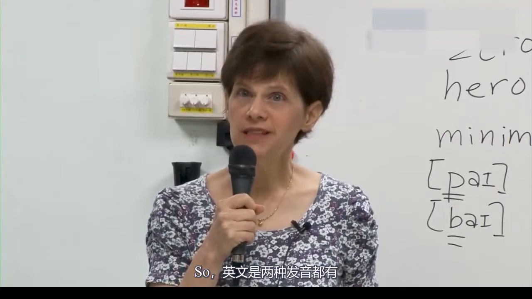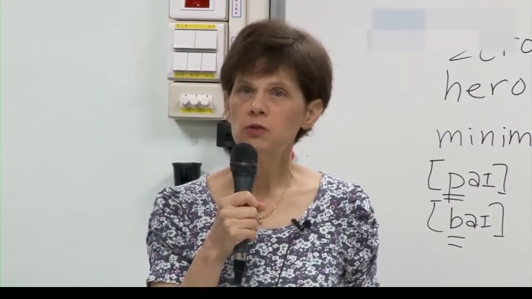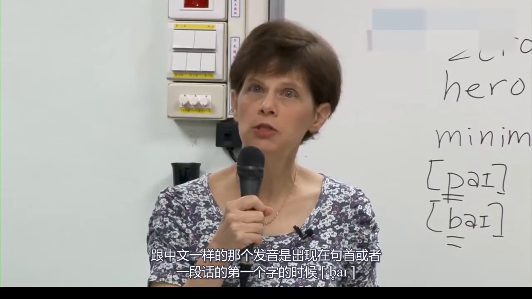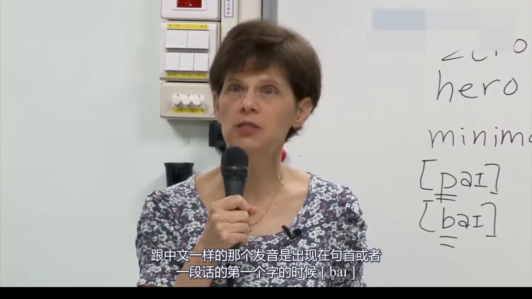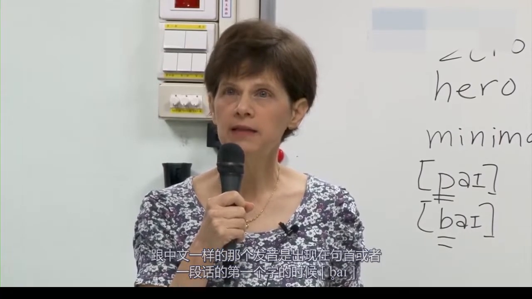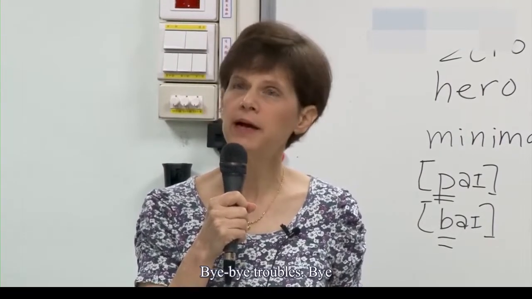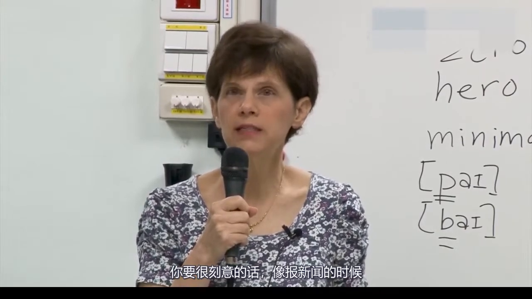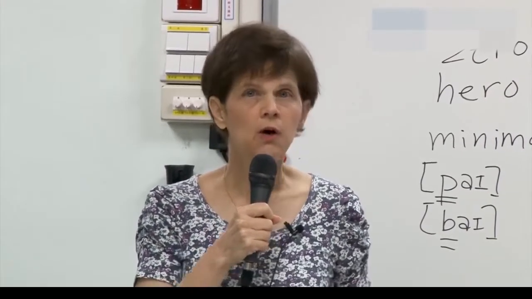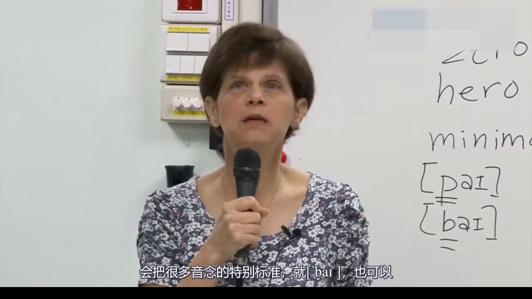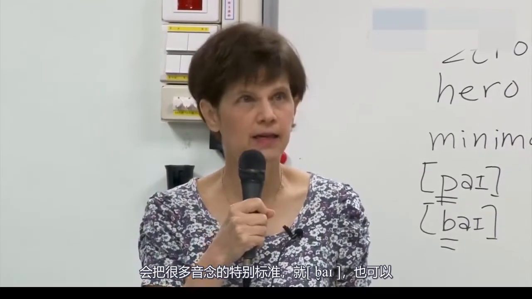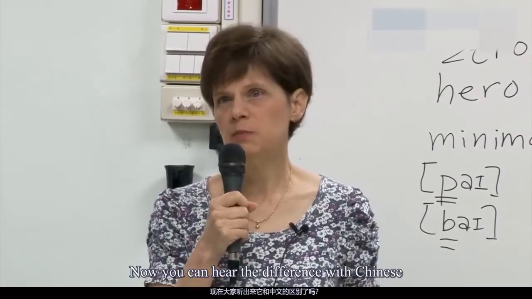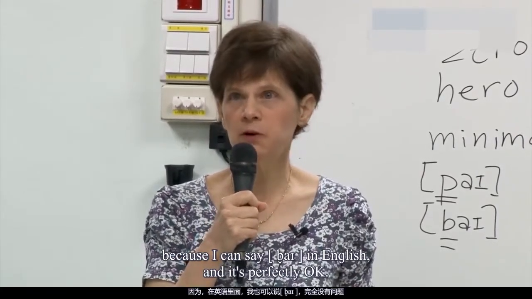所以英文是两种发音都有，跟中文一样的那个发音是出现在句首或者一段话的第一个字的时候。Bye, bye bye troubles, bye. But we can also voice it. 你要很刻意的话，像那个报新闻的时候。会把很多音念得特别标准啊，就 bye 也可以。Now you can hear the difference with Chinese because I can say bye in English and it's perfectly okay.